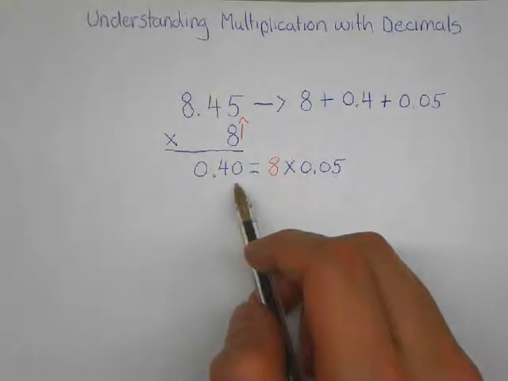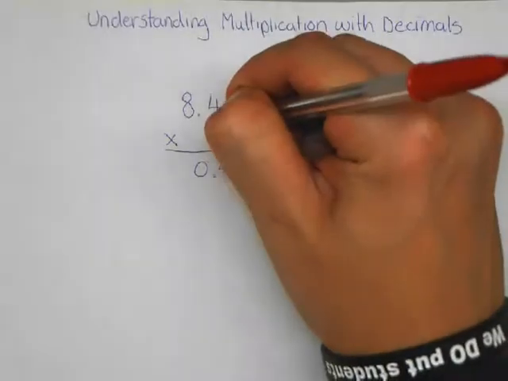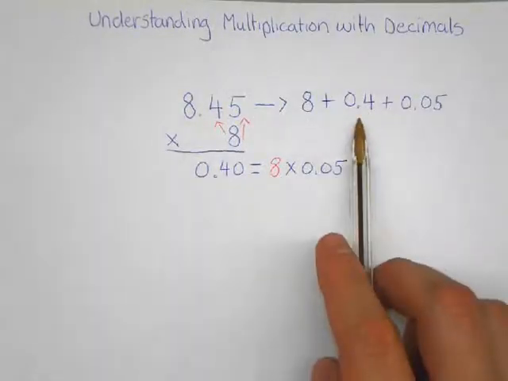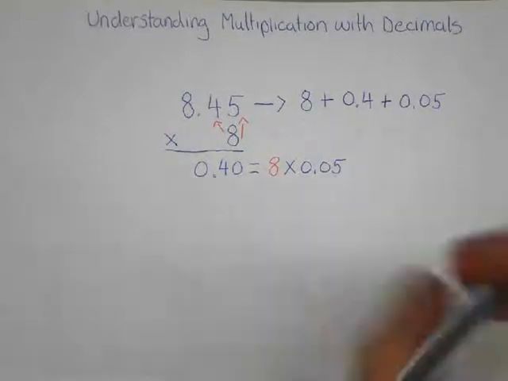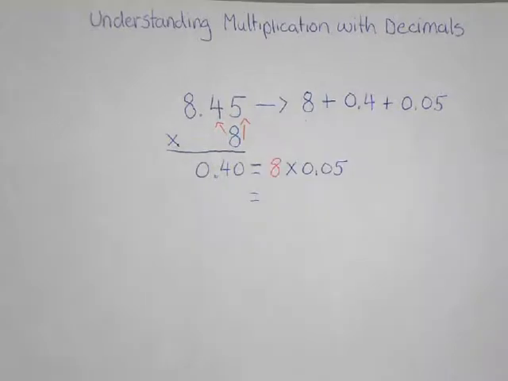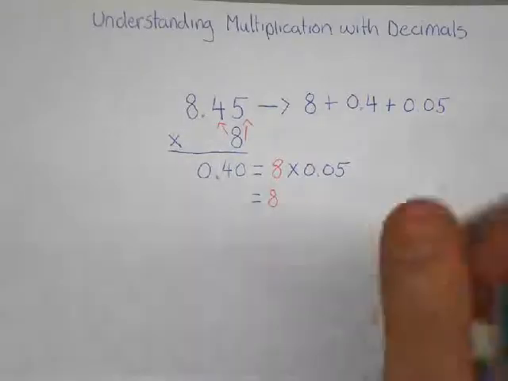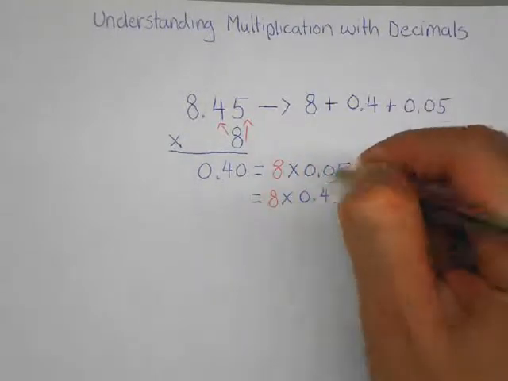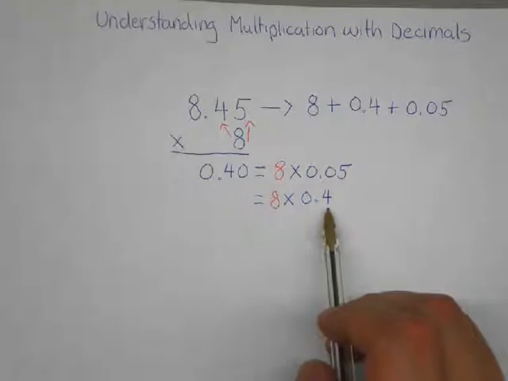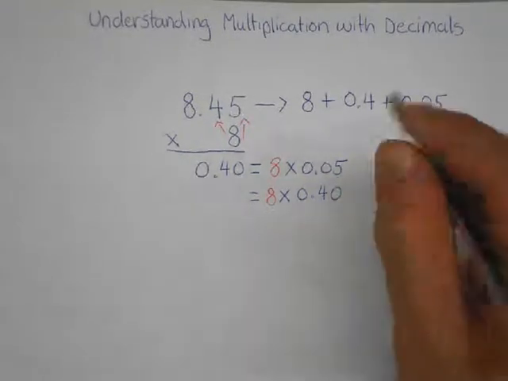Okay? Now, the second way, now we have to multiply the tenths going across. We're going to be multiplying our 8 once again by the 4, but it's in a different spot over here. So we have our 8, and we're multiplying by 0.4. Now, to make this easier, it's important that we change this into an equivalent decimal, which is adding a 0 at the back so we don't get confused.